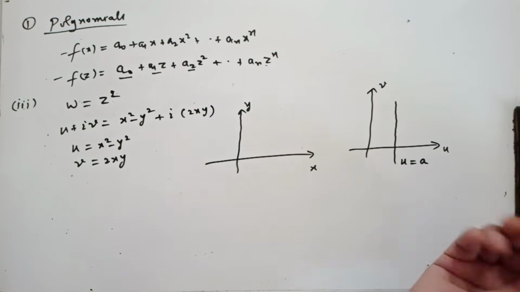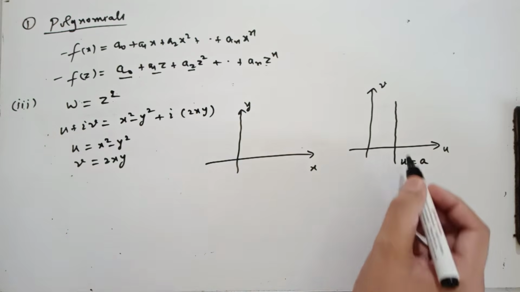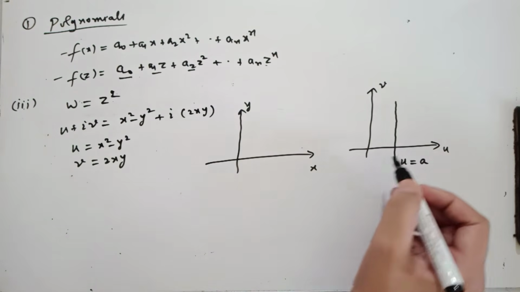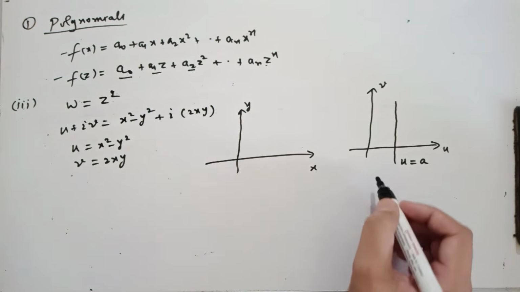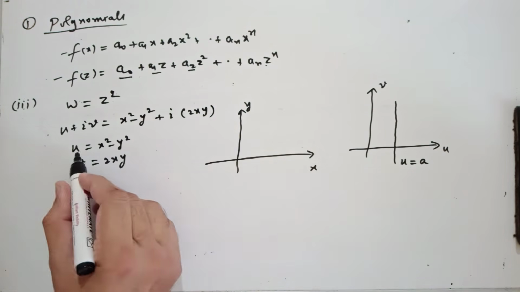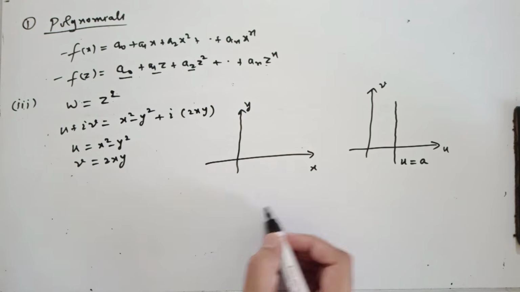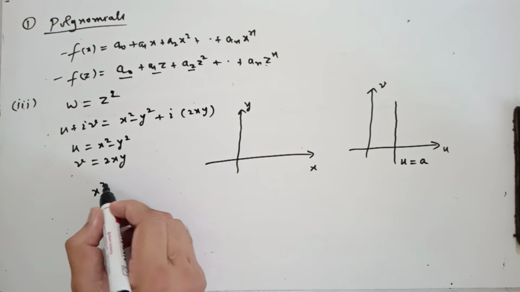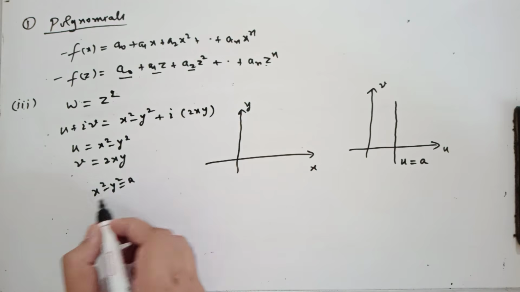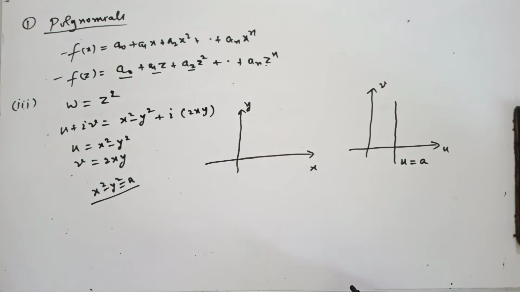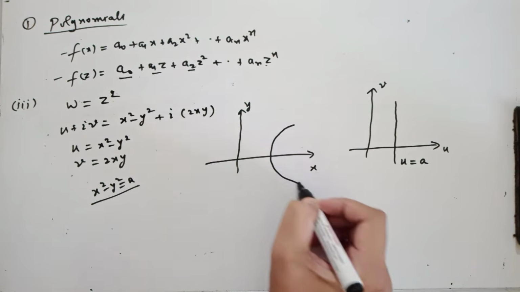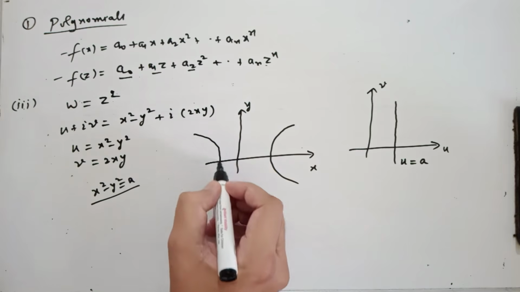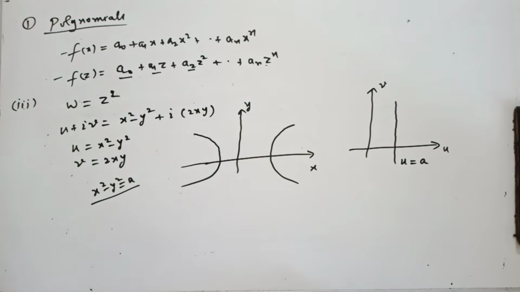I'm taking u equal to a, say. So what is the image of this line, or where does this line correspond? What is the pre-image of this line under this mapping? It is x square minus y square equal to a. What is it geometrically? It is a hyperbola. It goes like this.